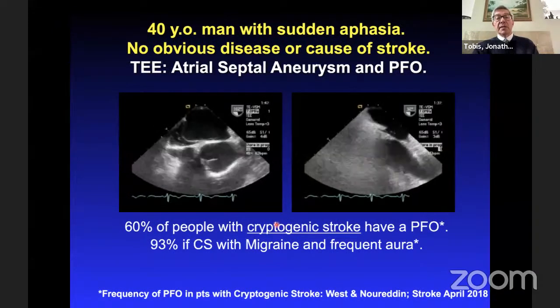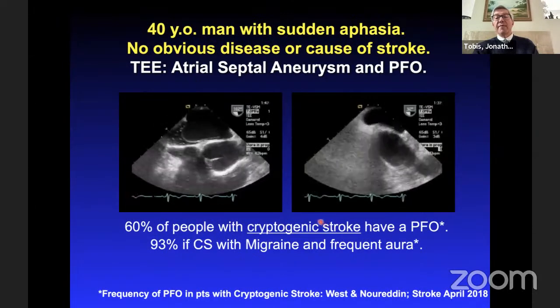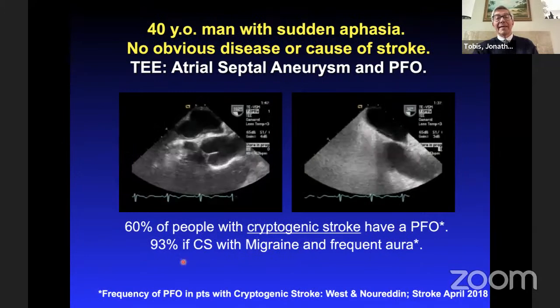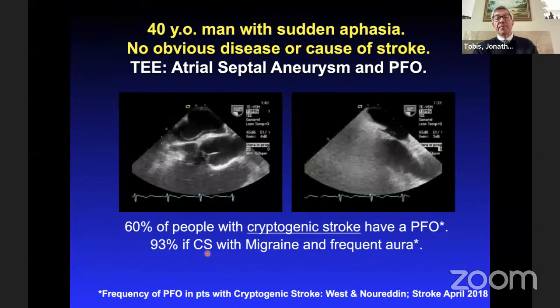And the association has been that 60% of people with a cryptogenic stroke have a patent foramen ovale. But if you look at those people with a cryptogenic stroke who have migraine and frequent aura, 93% of them have a PFO.